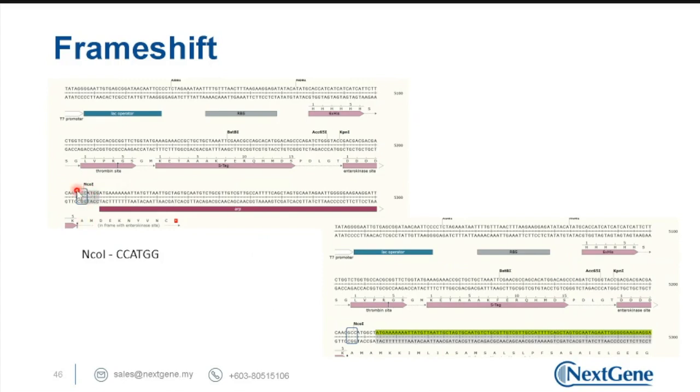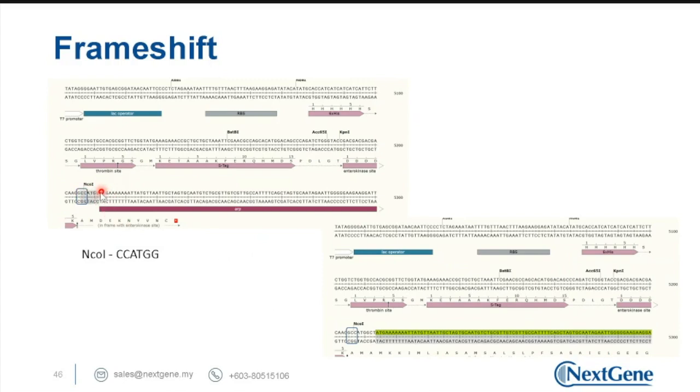Instead, the CC of the NcoI is the continuation of G. So GCC means two bases of the NcoI are actually coding together with the G base. So if we directly put our ATG right after NcoI, the frame will be shifting.